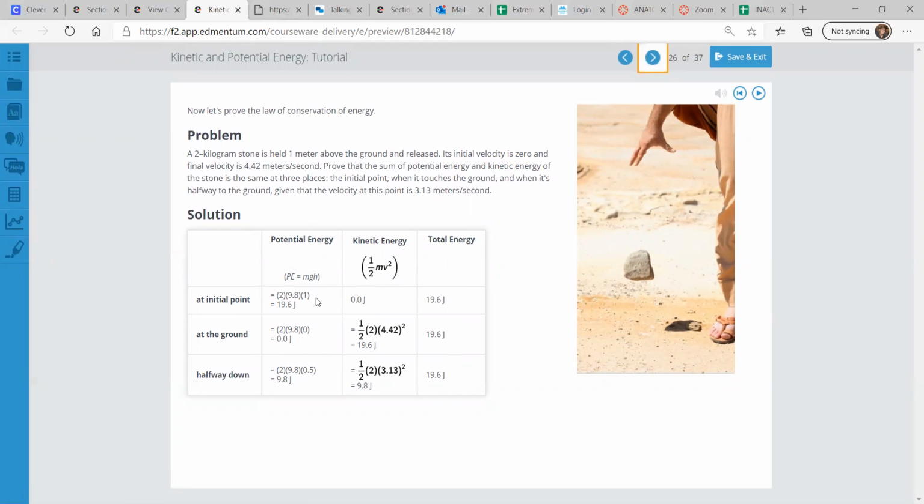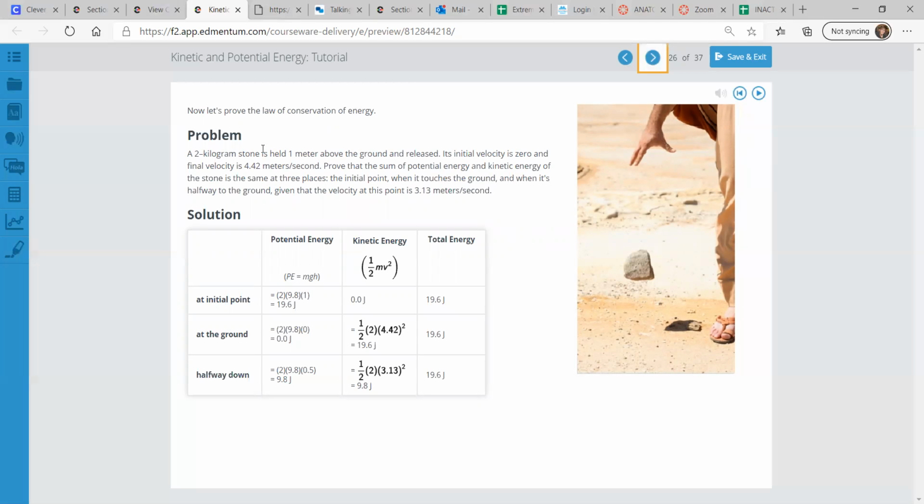So it starts out, this stone, it's a 2 kilogram stone held 1 meter above the ground and released. Its initial velocity is 0. So it's starting from rest. And its final velocity before it hits the ground is 4.42 meters per second.